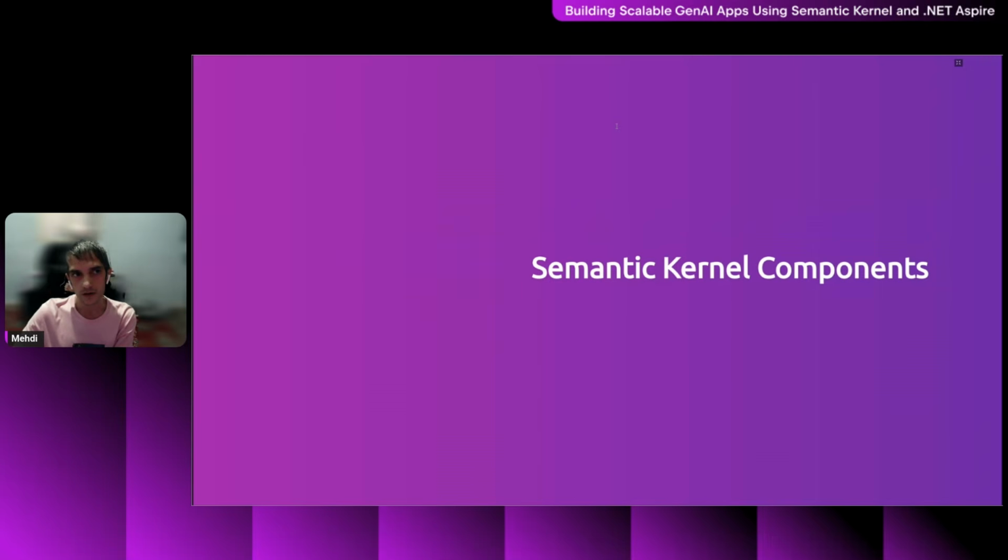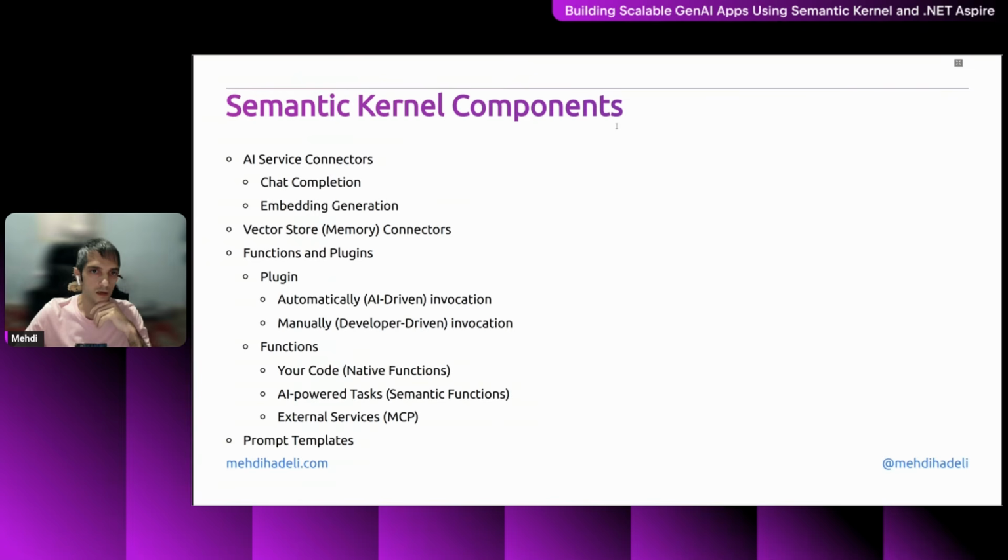Now, about Semantic Kernel components. Semantic Kernel has a lot of components, and here I just mention some of the important ones, like the AI service connector. We mostly use chat completion and the embedding generator. Chat completion is for communication with AI models like GPT models, Google AI models, or Anthropic models.